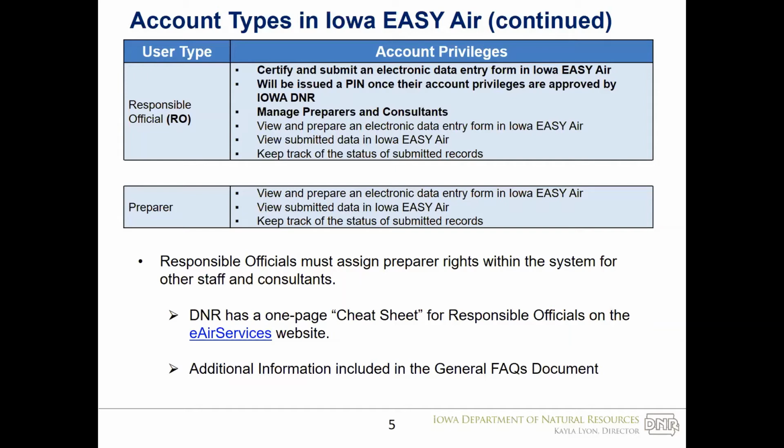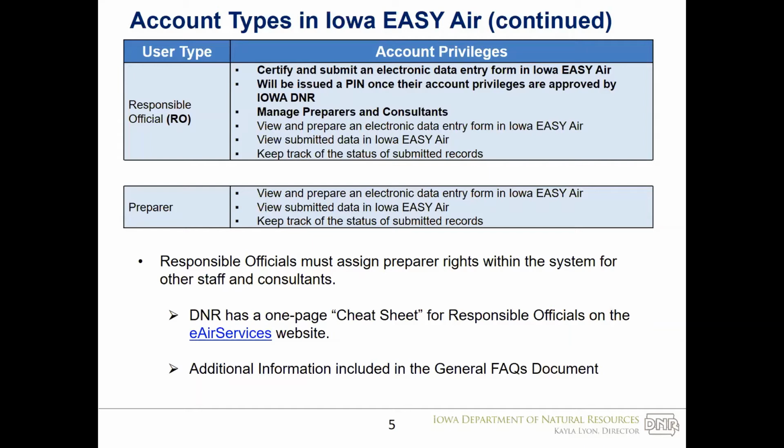The submitter role is the same as the responsible official. What Easy Air doesn't have is an administrator, someone who manages the editors in Slice. Easy Air requires the responsible official to manage both submitter and administrator jobs found in Slice.